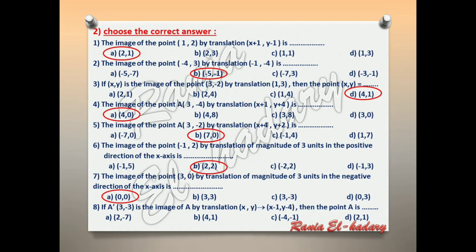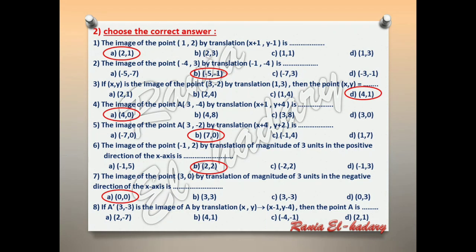Number 8. If A dash 3, negative 3 is the image of A by translation x minus 1 and y minus 4, then the point A is what? I want to find the point. So, doing what? Adding or subtraction? Yes, doing subtraction. Subtract what?